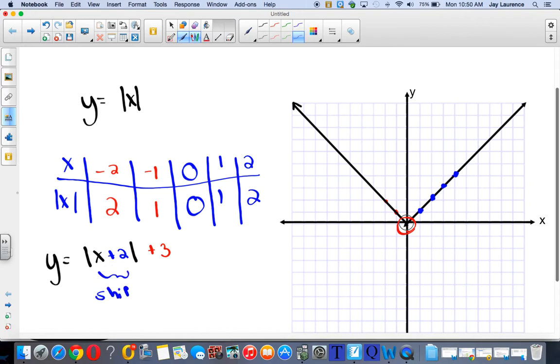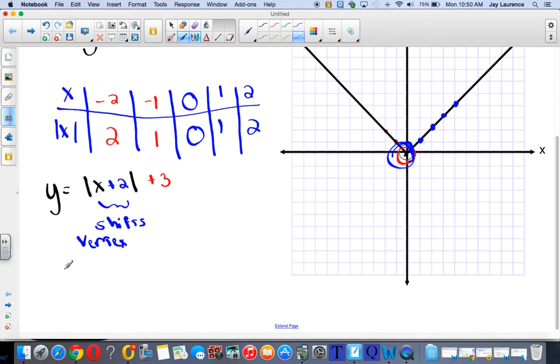This shifts the vertex. What's the vertex? It's the bottom of the V. The vertex shifts 2 spaces left.